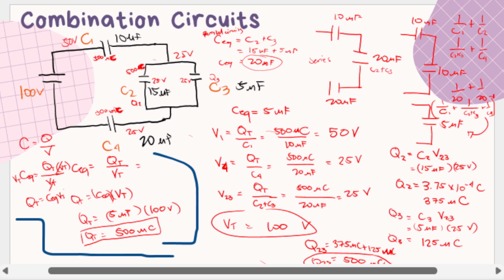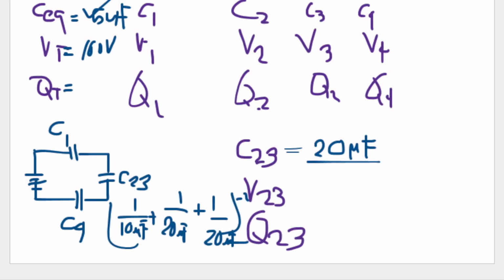That is why 5 times 100 is 500, then the micro, and then the coulomb. So our QT is 500 microcoulomb.